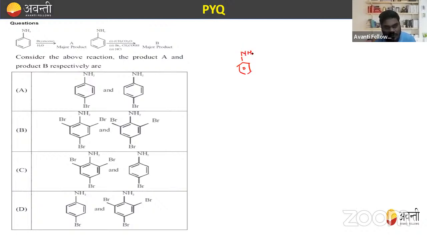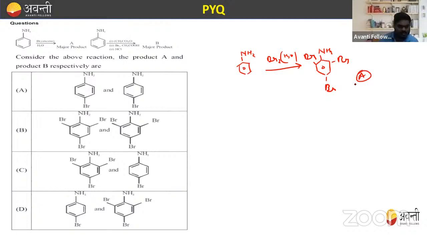When the NH2 is treated with Br2 and H2O, then what is formed? 2,4,6: this is NH2, this is Br, this is also Br, this is also Br. So the formation of 2,4,6-tribromoaniline. So A is correct, we have no doubt. So out of these four options, which have A like this? Yes, only two. So just cross this one and this one. There is no use of these.